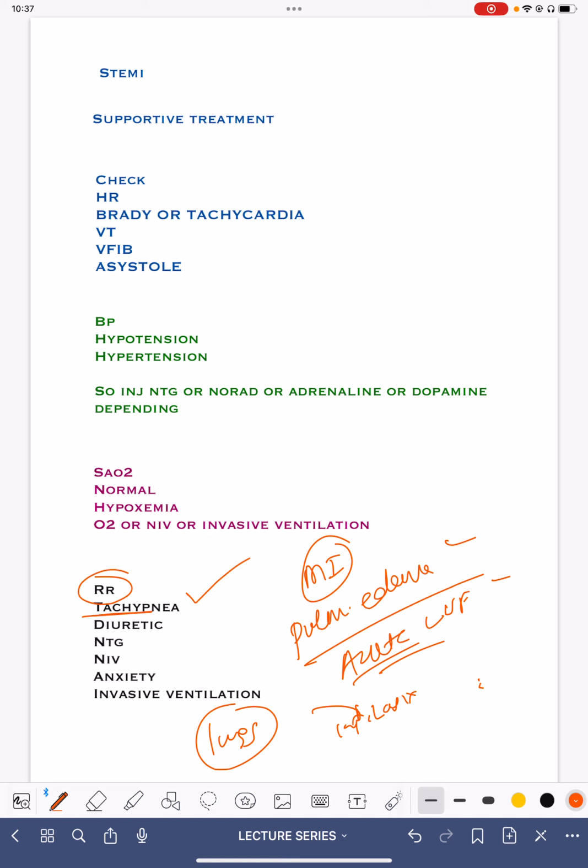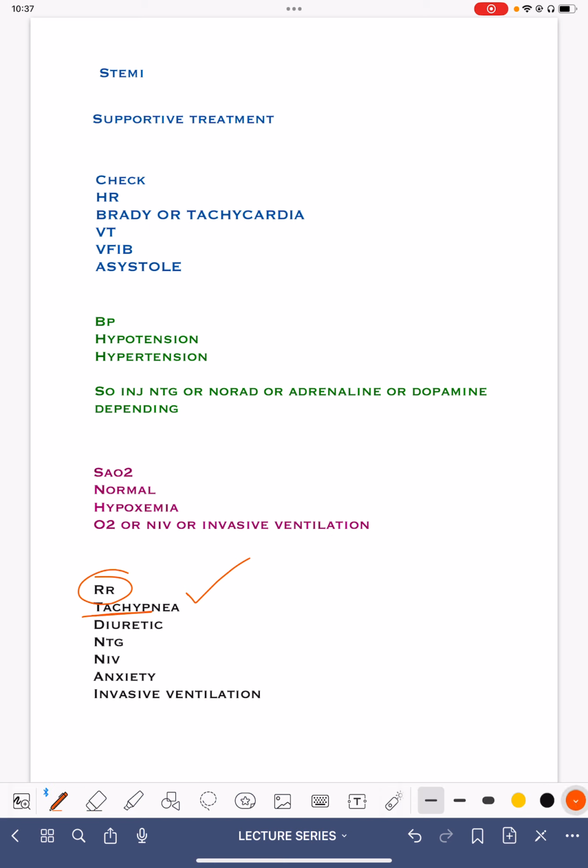Or if the patient has tachypnea and hypertension, we can use injection NTG, because NTG, nitroglycerin, is a vasodilator, so it will automatically reduce the left ventricular end diastolic pressure. It will reduce the afterload as well as preload, so it will reduce the pressures in the lungs, and it may relieve the shortness of breath.